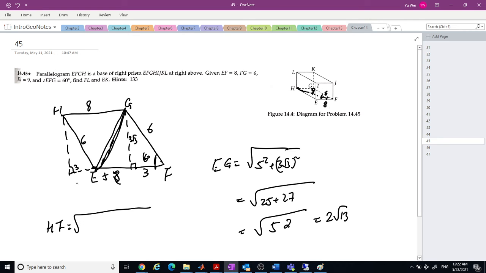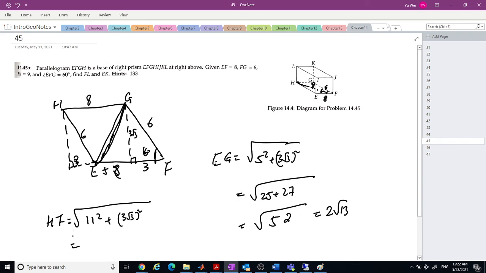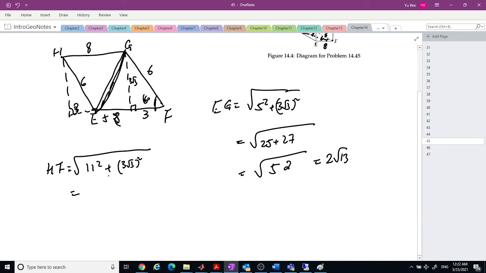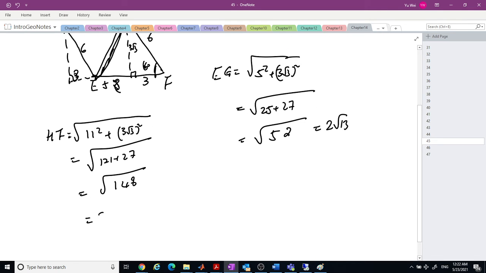The HF is 3 plus 8 is 11, squared, plus (3√3) squared, equals 121 plus 27, which is 148, which is 2√37.